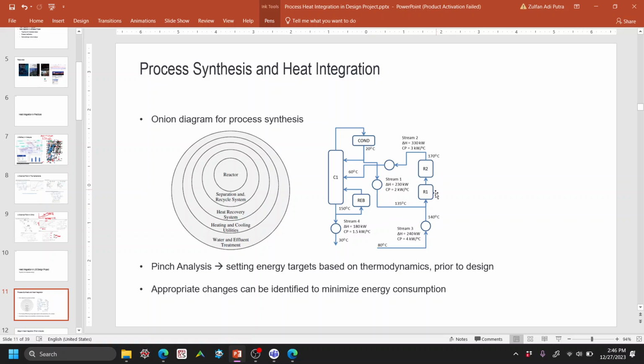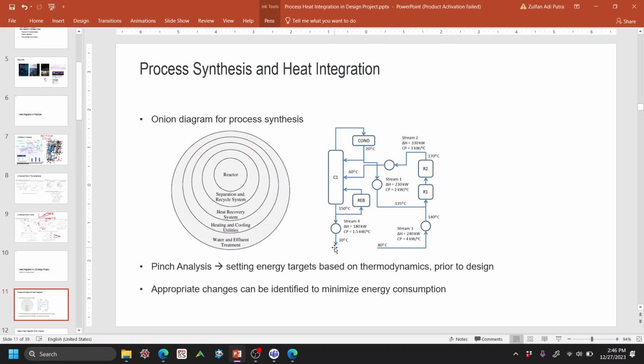Right, so we have reactor 1, reactor 2. For example, here we have the feed coming in, and we need to increase the feed temperature to a certain degree C, and then we put it to reactor 1 and then reactor 2, and then we do some separations, and the unreacted material is sent back to the reactors. Products are sent somewhere.